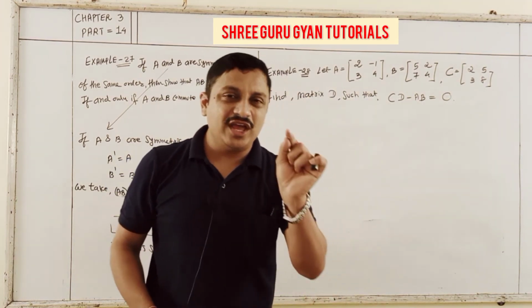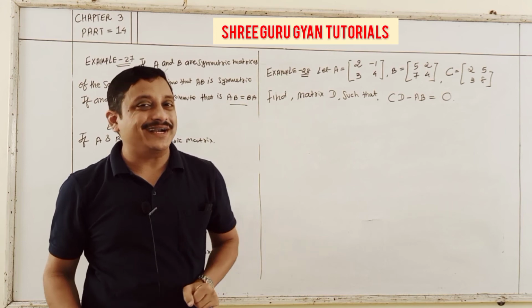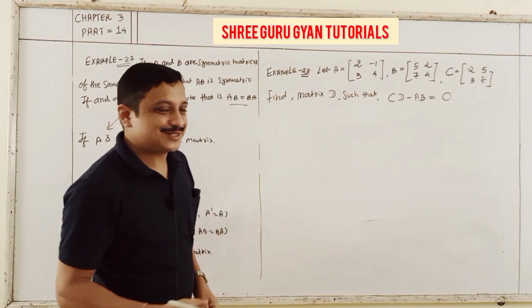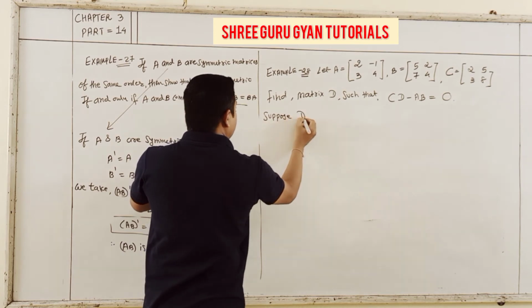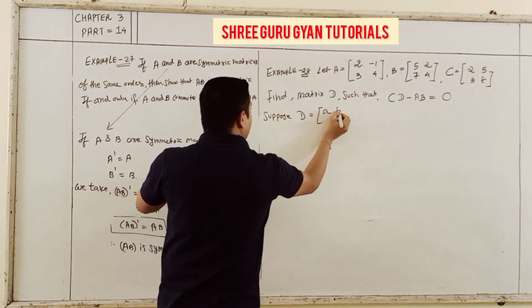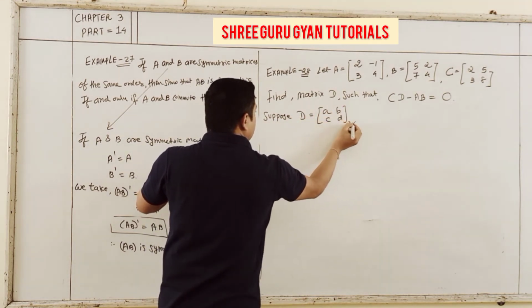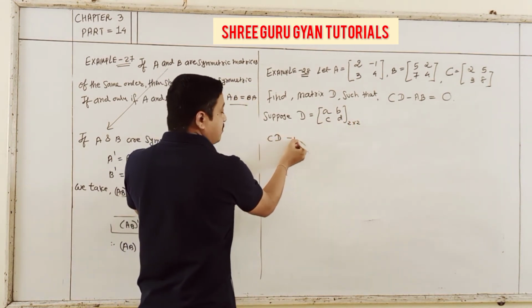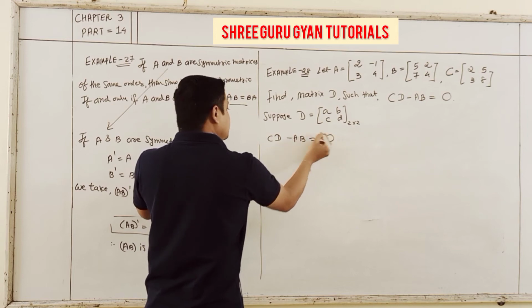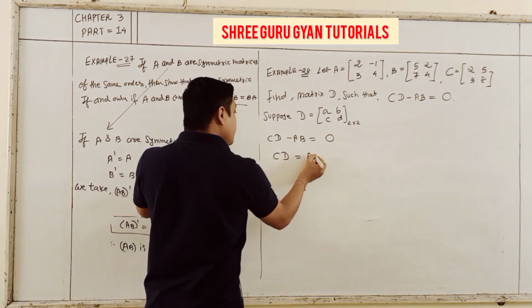Students, here A, B and C are 2 cross 2 matrices, so D must also be 2 cross 2. Suppose the D matrix has entries a, b, c, d, in 2 by 2, and apply that CD minus AB is equal to 0. So CD is equal to AB.